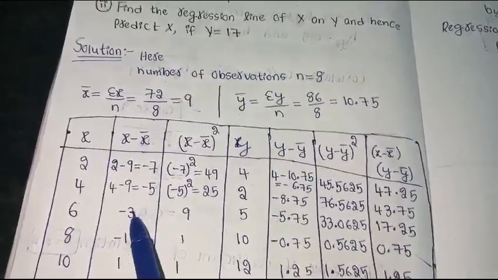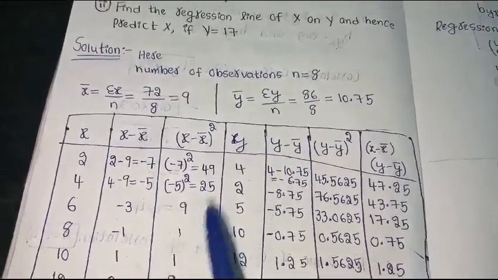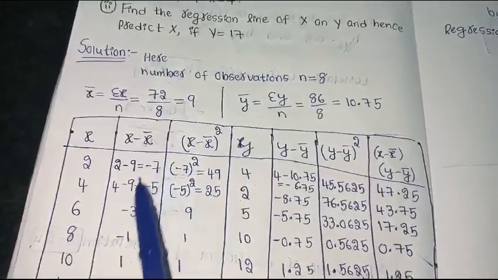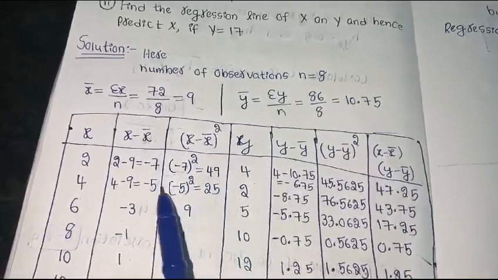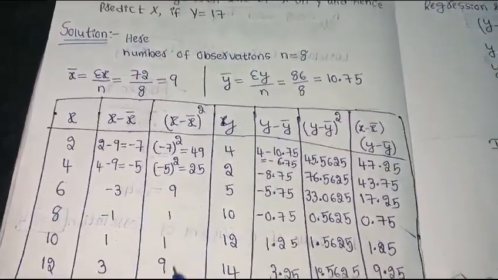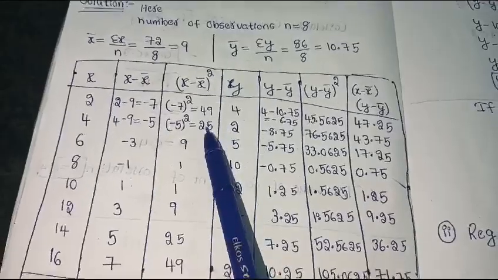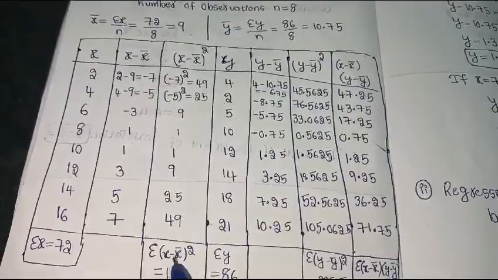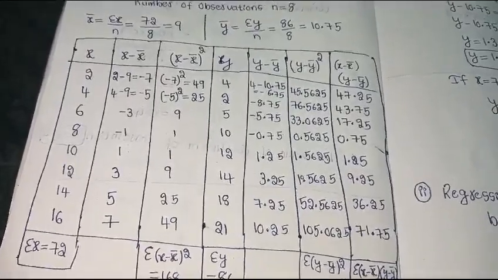We calculate every individual element. Next, x minus x bar whole square means we need to do the square of x minus x bar, which is minus 7 square is 49, minus 5 square is 25, minus 3 square is 9. We calculate every element. 49 plus 25 plus 9 plus 1 up to 49. The value of x minus x bar whole square is 168.